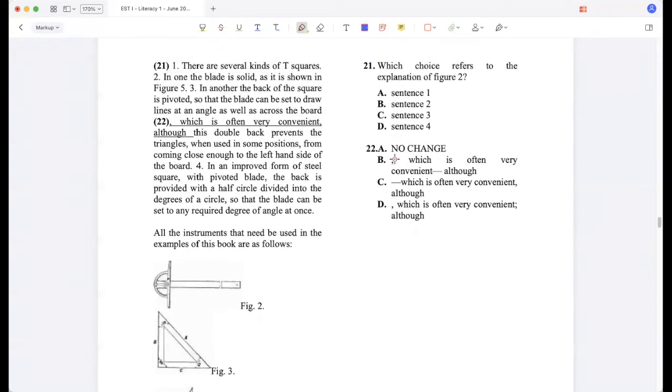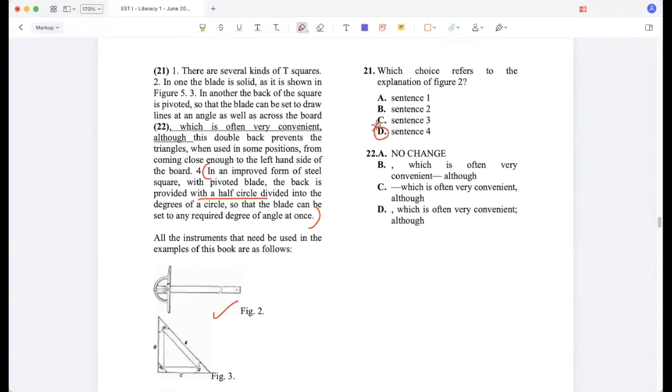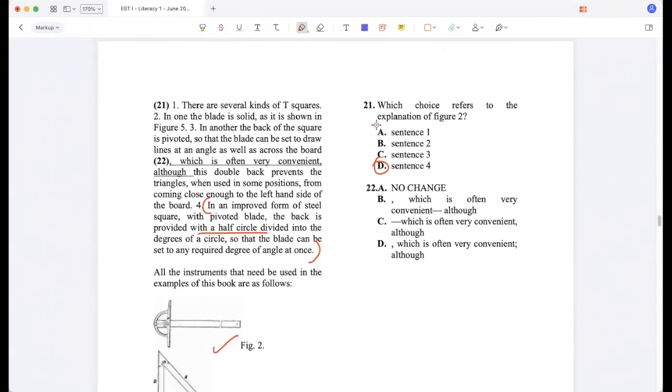Okay, so which refers to an explanation of figure 2, that is this one. We're talking about a half circle, so sentence 4. Okay. In another, the back of the square is pivoted so that the blade can be set to draw lines at an angle as well as across the board, which is often very convenient. Although, so obviously you can't use a semicolon, so this is out. This double back prevents the triangles when used in some position from coming close enough to the left hand side of the board.